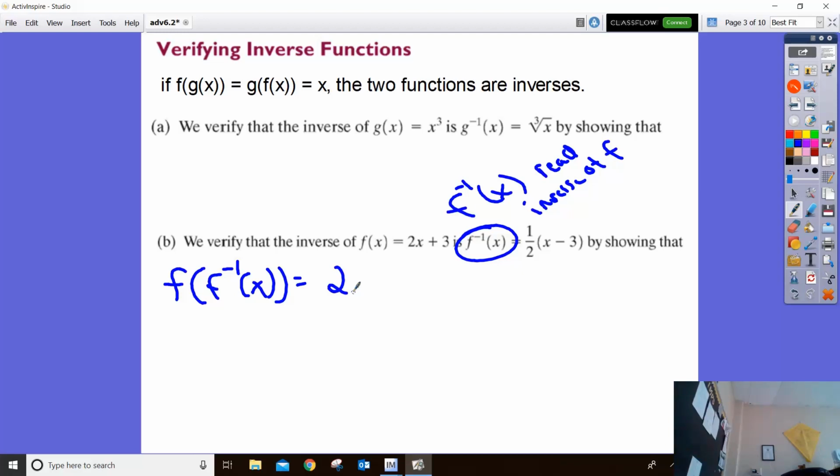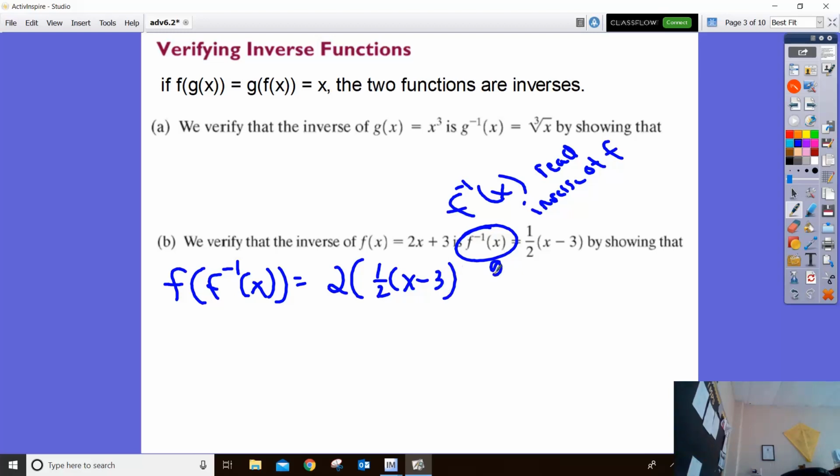I need to make this x. Use this idea up here, f of g. Do I need to make this x? Yeah. This is function g, kids.